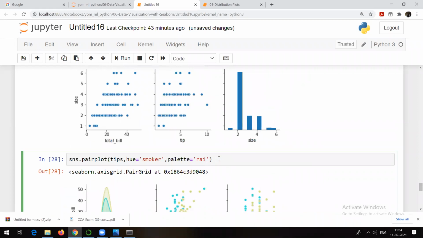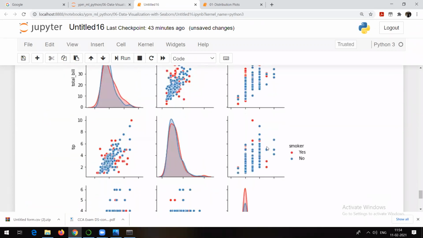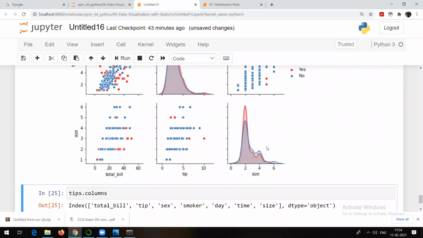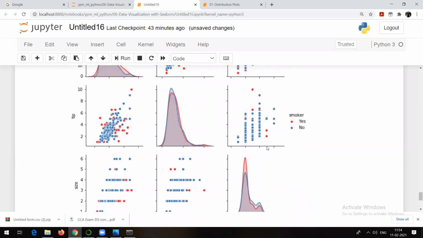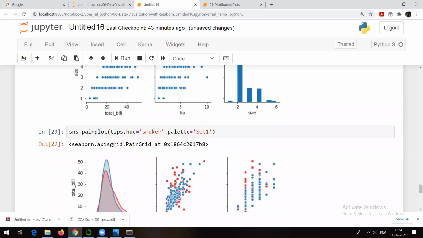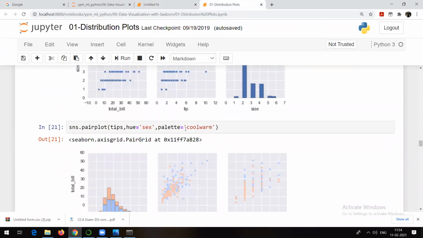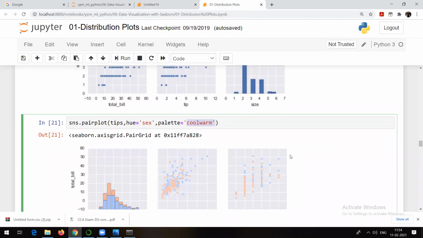Let me see, there is something called Set1. Now see, this color is changed. Okay, so these are just the fancy things which are going to help you to have a graph according to your need. So this is nothing but pair plot. Let's move to the next one and let's see. Coolwarm is also one palette you can make use of.